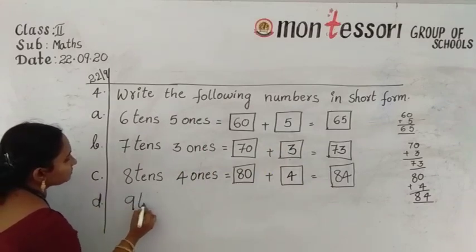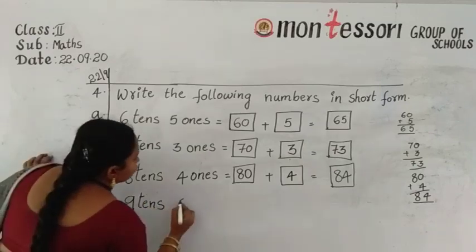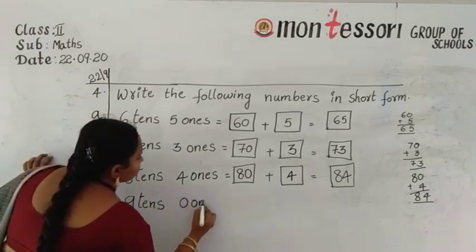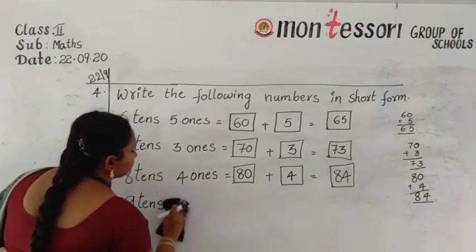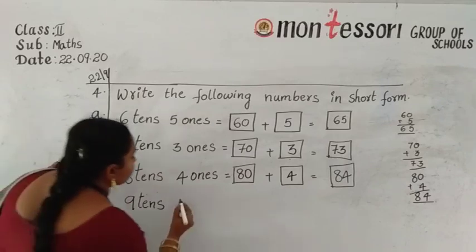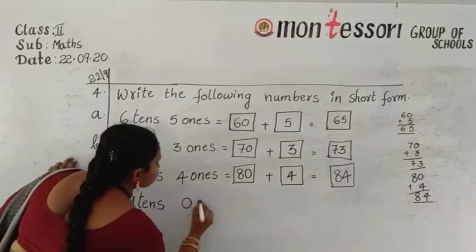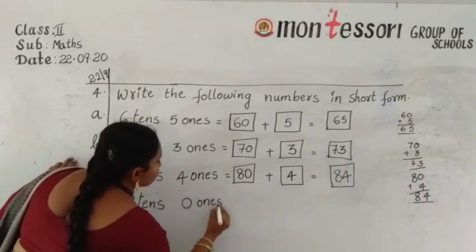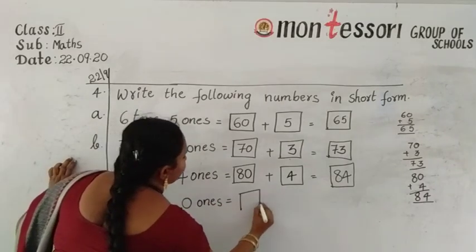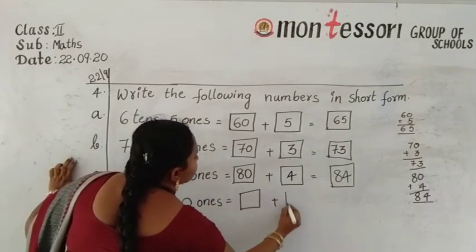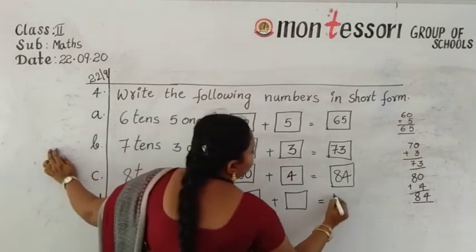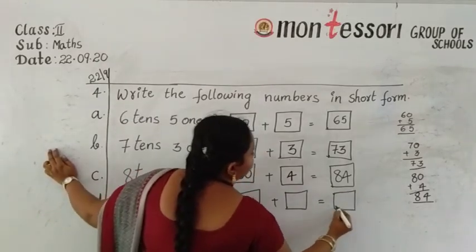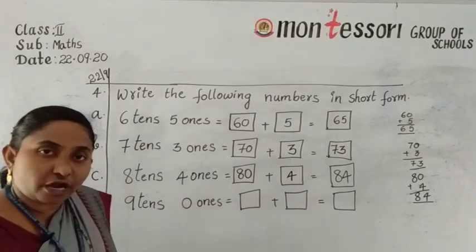9 tens, 0 ones. Again they are given here 2 boxes, and again a single box. In this single box we are writing the short form.